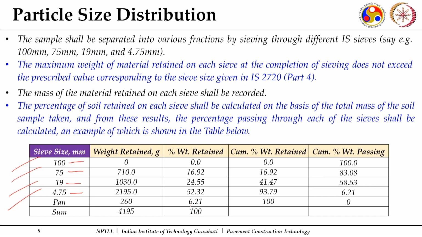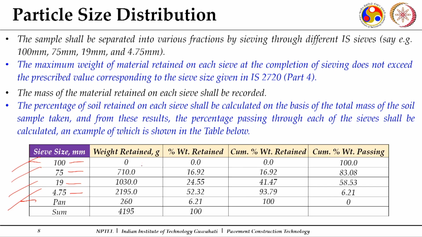If I find that coarser particles, 70 mm or 75 mm particles, are also present in my soil, then I will keep the sieve sizes from 100 mm, so that whatever is above 75 mm also gets retained. So I have taken a standard material and sieved it, stacking the coarser sieve on the top and the finer one at the bottom.